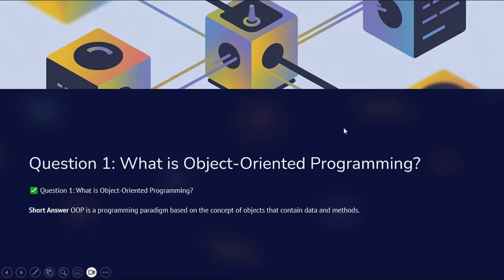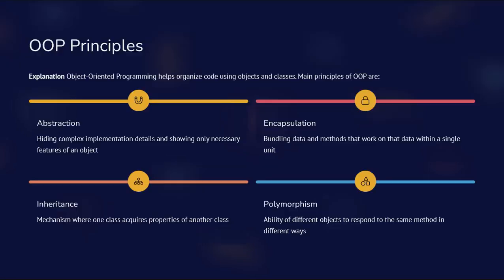The short answer: object-oriented programming is a programming paradigm based on the concept of objects that contain data and methods. OOP helps organize code using objects and classes. The main principles of OOP are abstraction, encapsulation, inheritance, and polymorphism.